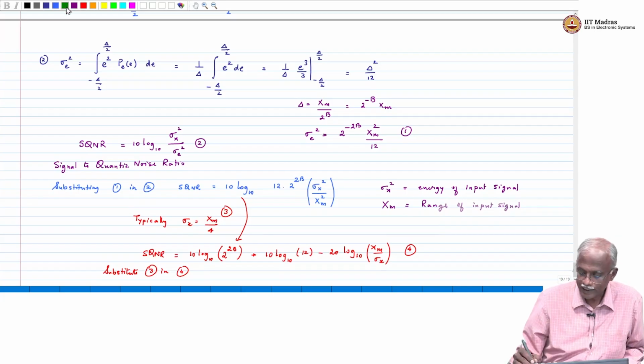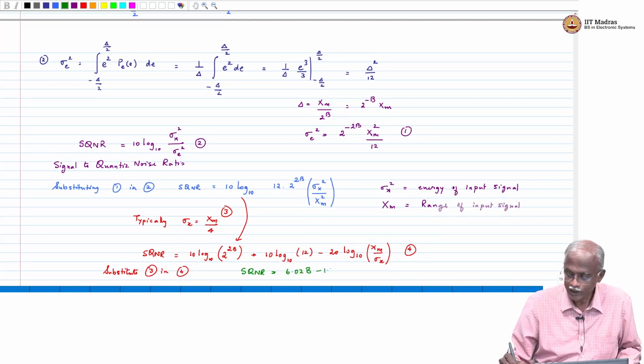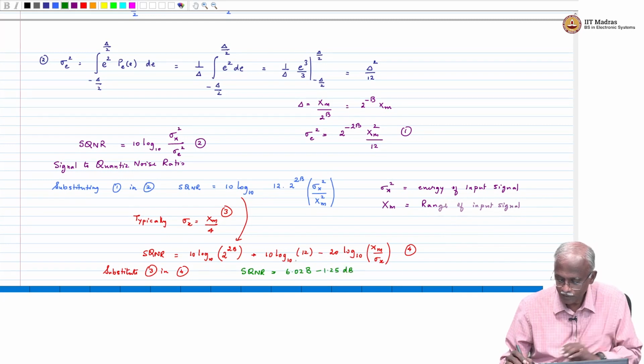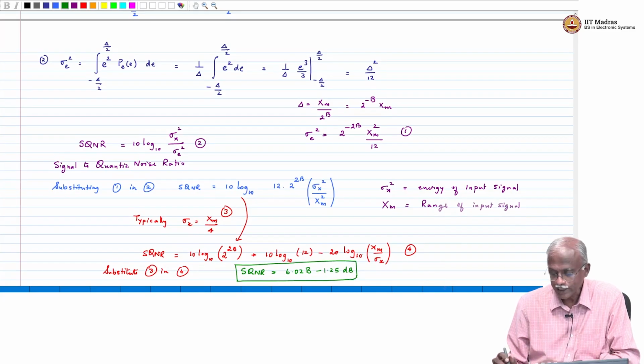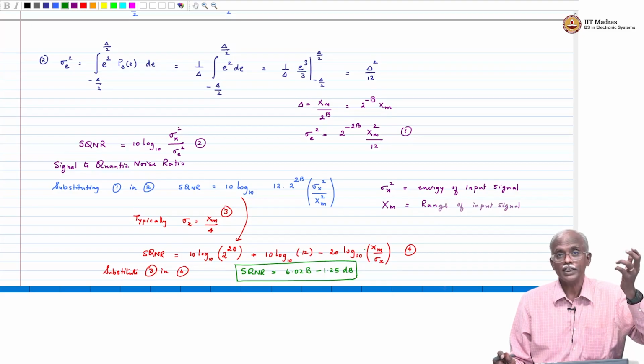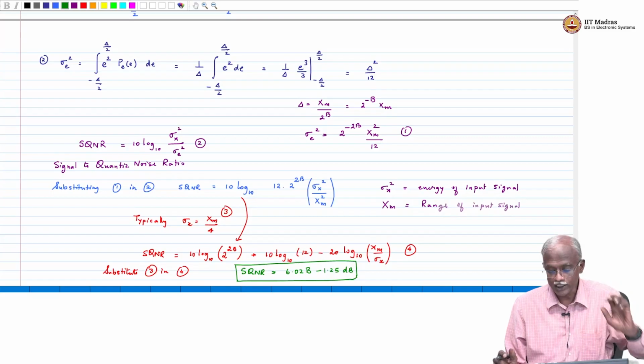What we get is SQNR equal to 6.02 B minus 1.25 dB. This is a very important result, which tells you the impact of quantization noise on the signal.